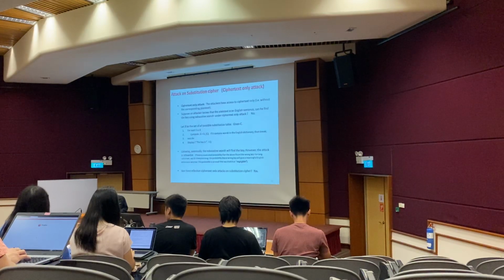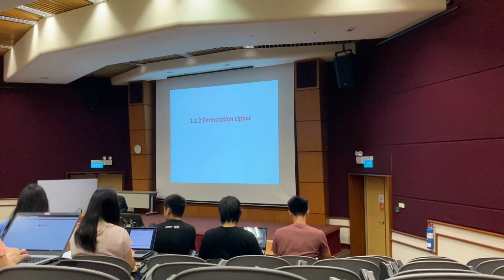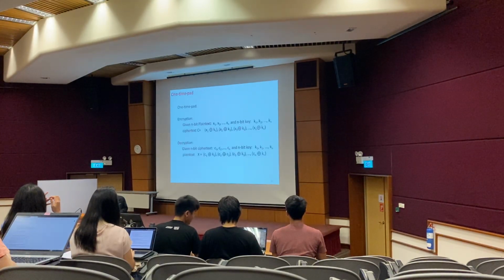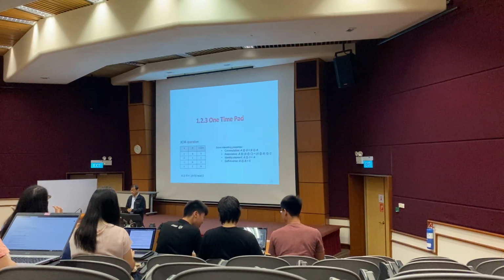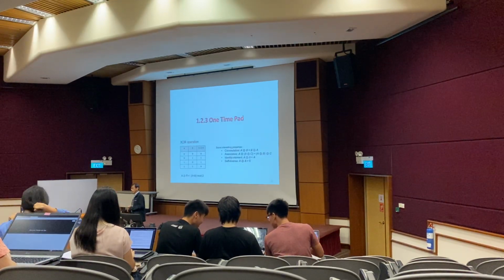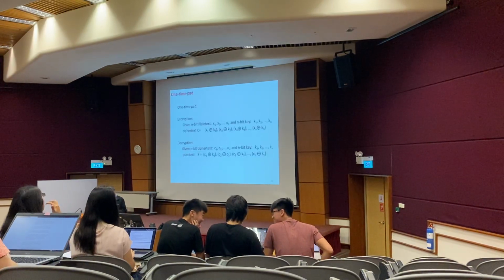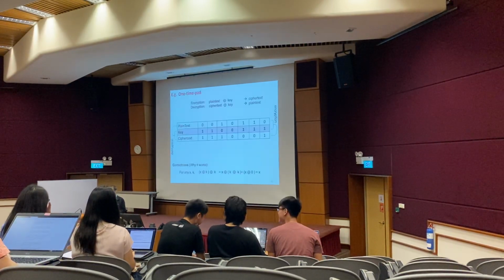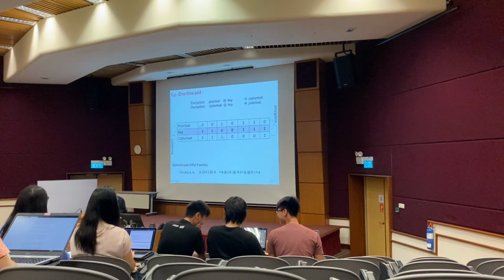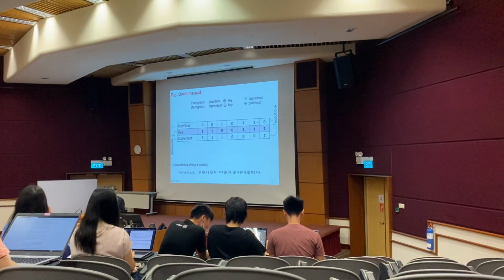I also mentioned that in fact there is a very simple scheme that can be proved to be secure, unbreakable. That is the one-time pad. One-time pad is very simple. Take the plain text and express it in bit form.